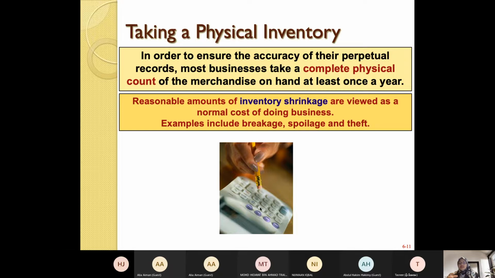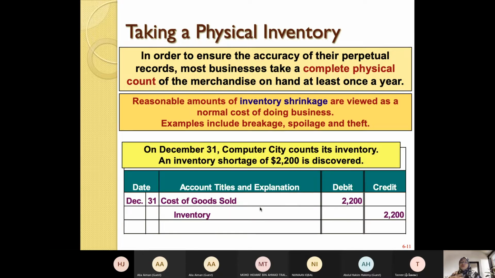What you do when there's a shrinkage is you have to do a record whereby you debit the cost. For example here, when they made accounts on inventory, they found out that there's an inventory shortage of 2,200. When there's a shortage, you have to record that accordingly.